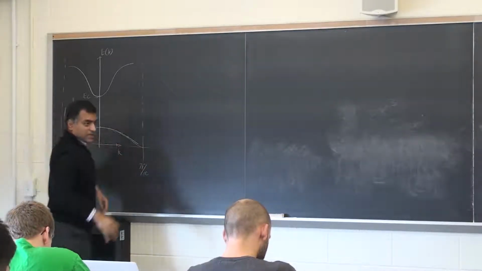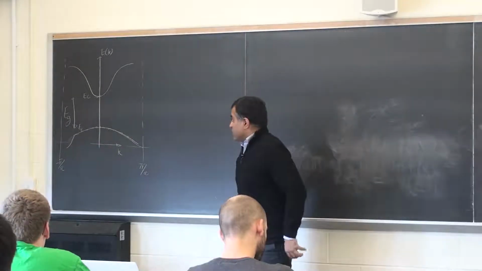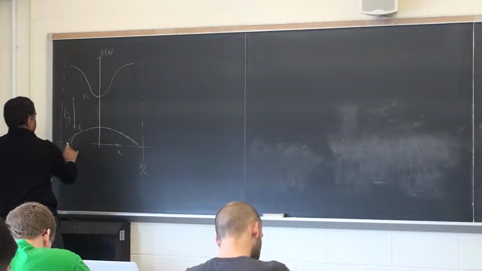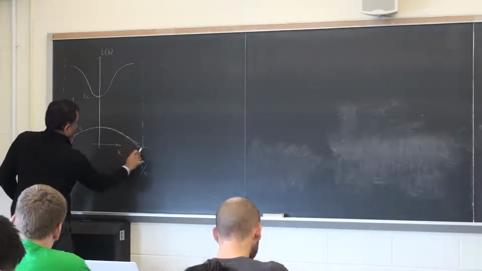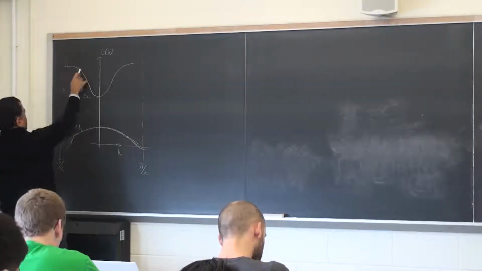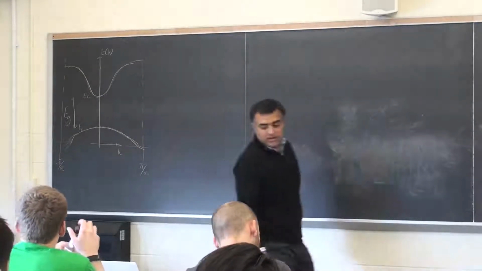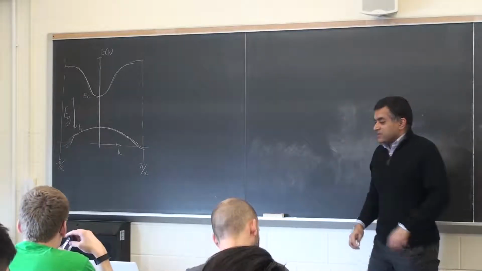So that's your entire band structure for semiconductors, and so depending upon what model we use, we'll get a band like that and a band like that, say, be it tight binding or other methods as well.